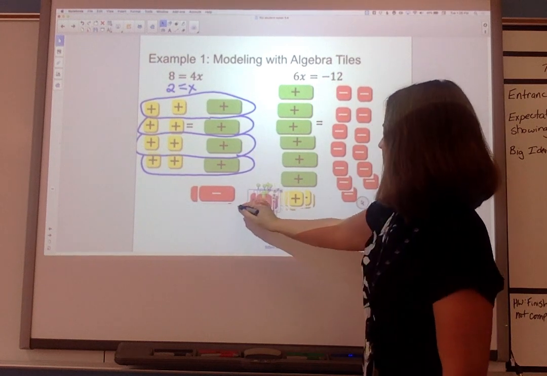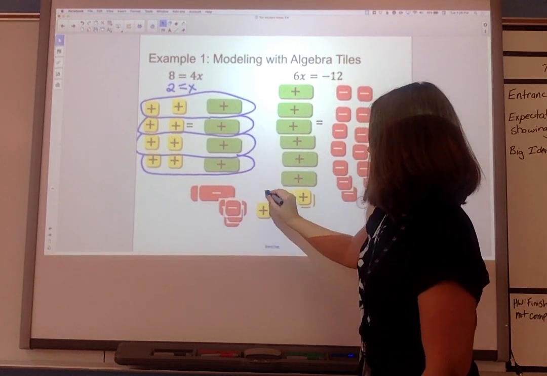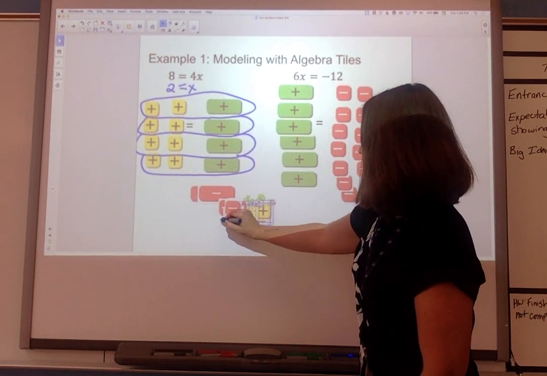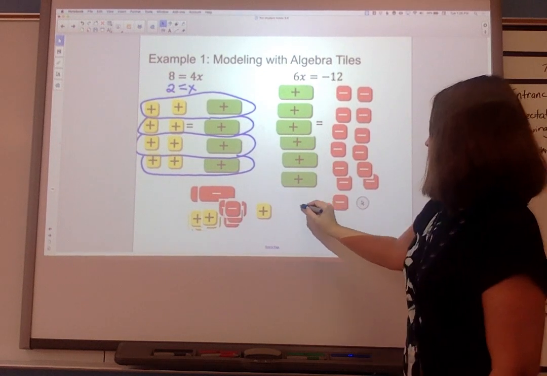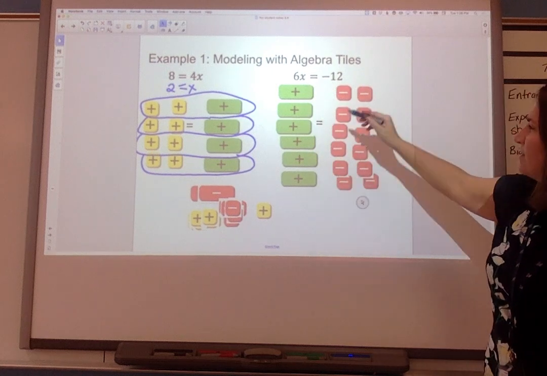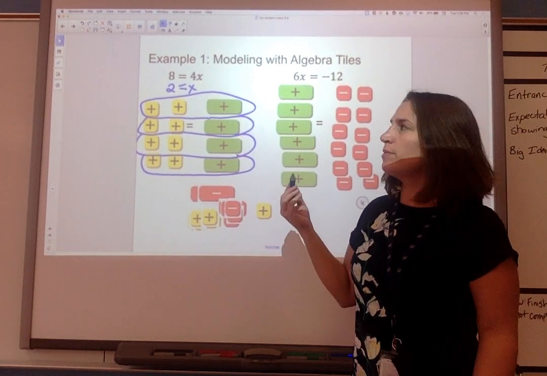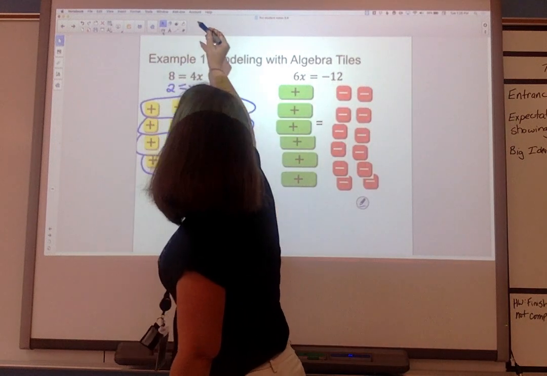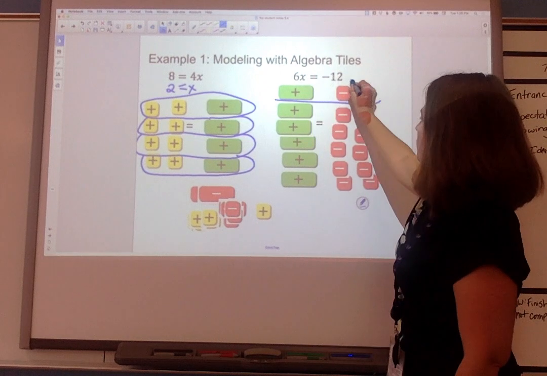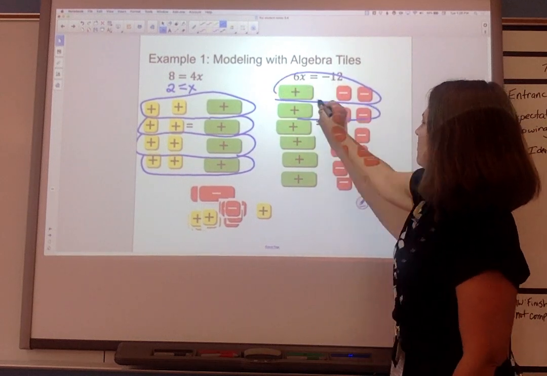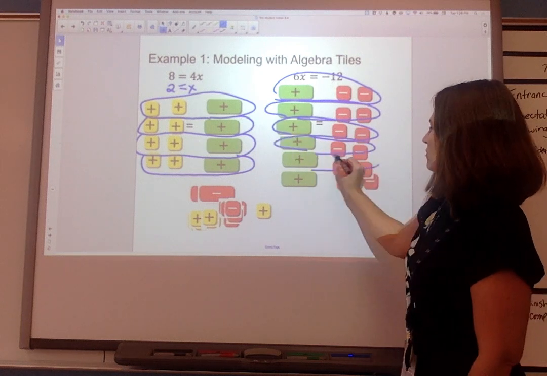All right, 6 x's equals 12 negatives. So to figure out what each x is worth, I'm just going to divide each of these into an equal number. So each x would be worth 2 negatives. So x equals negative 2.